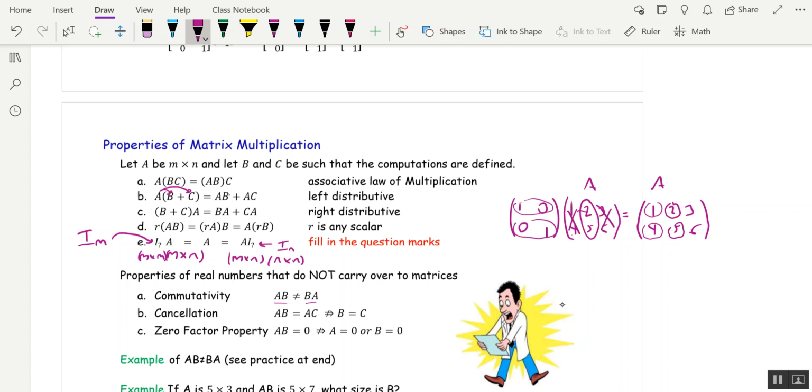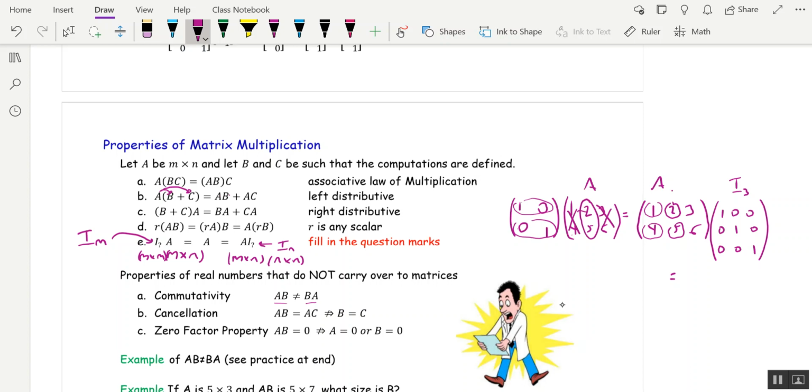You get a matrix times A is the same matrix, but that matrix is the identity, but you have to have the right size identity so the matrix multiplication made sense. And if you want to multiply A on the right by an identity to get A back again, since A is 2 by 3, on this side you need the 3 by 3 identity. And you should verify that if you multiply A by I_3, you'll get A back again.